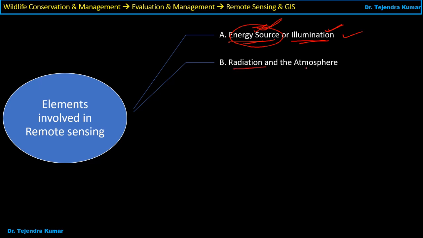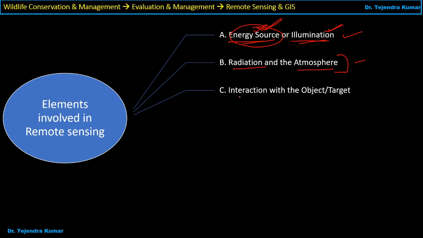Next is radiation and the atmosphere, because we know that atmosphere is required and is present on the earth. Whenever we are passing all these things, we also require this atmosphere, and radiation is of course there because we need the energy source.